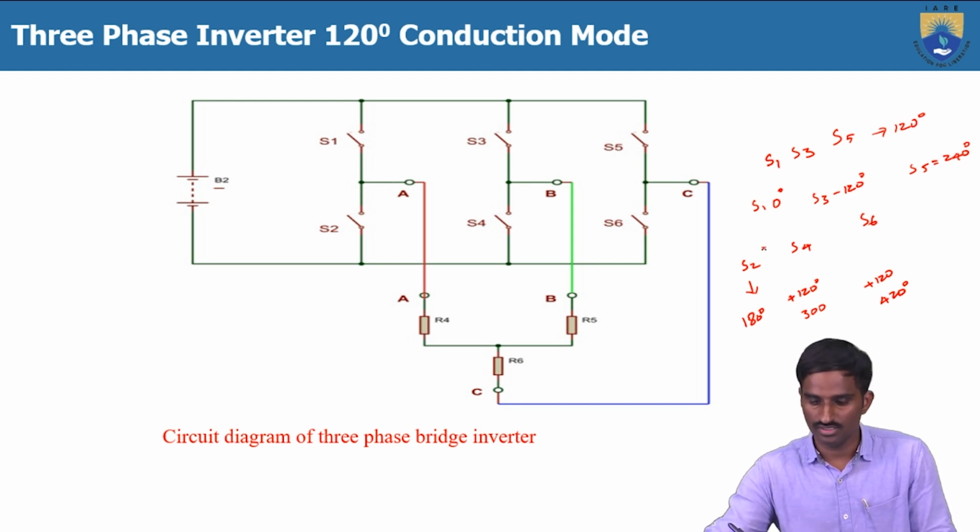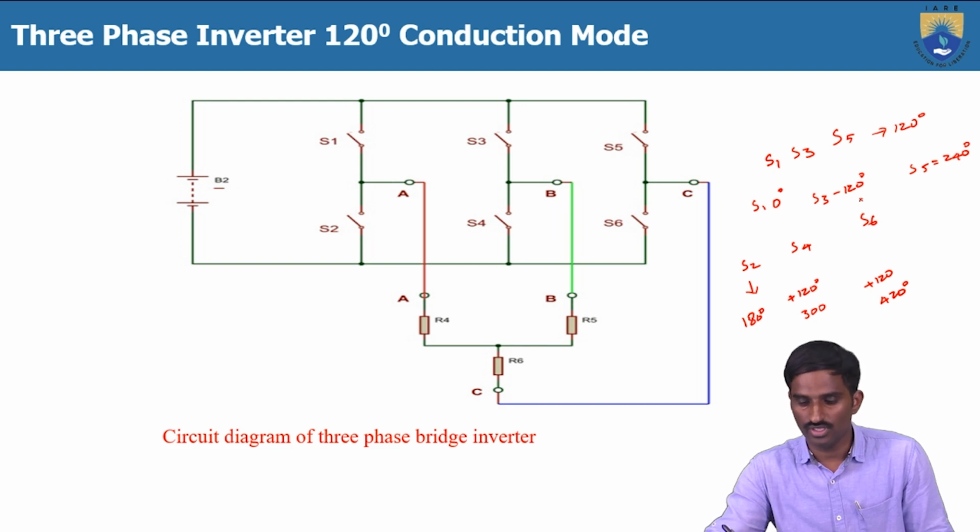So now you can see here 0 and 180, 120 and 300, the phase difference between 120 and 300 is again 180, and the phase difference between 420 and 240 is again 180.